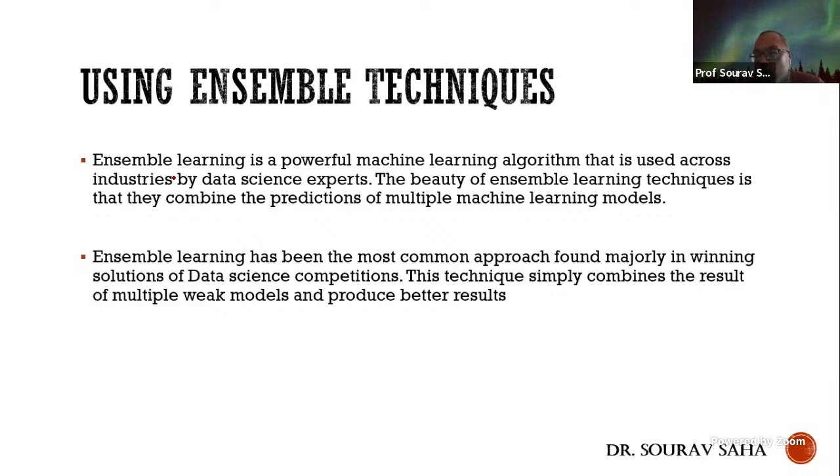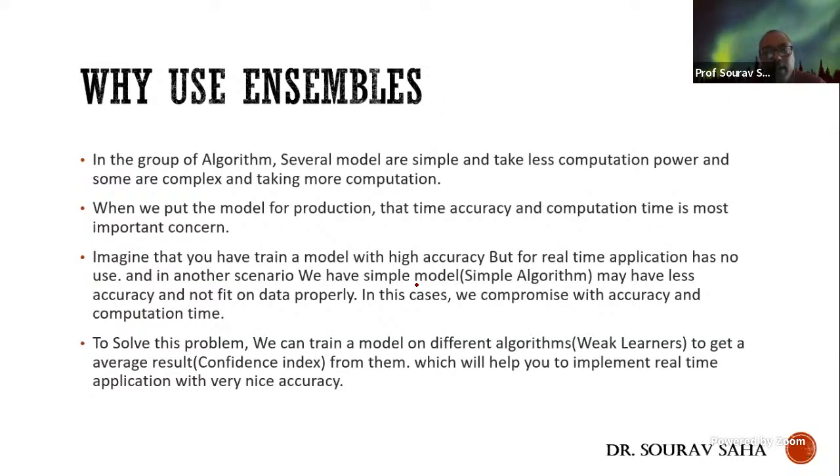If you go and look into Kaggle, you'll find that the majority of the winning solutions in data science combine results from multiple weak models to produce the results. It means that in most cases they are using some kind of ensemble technique, right?